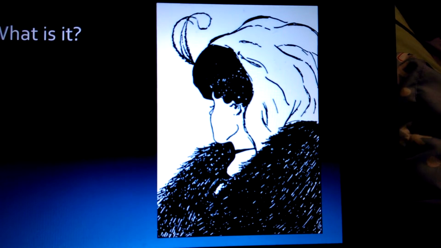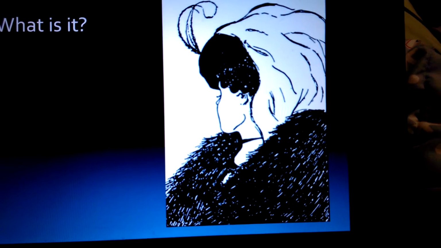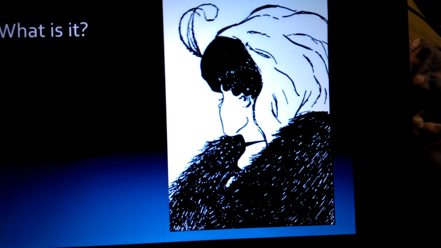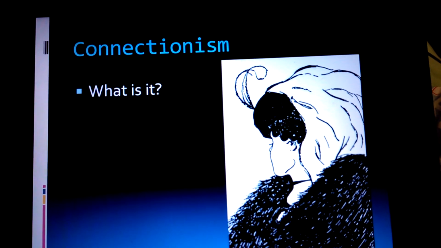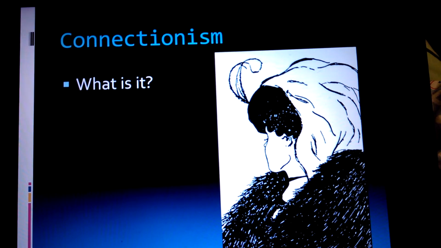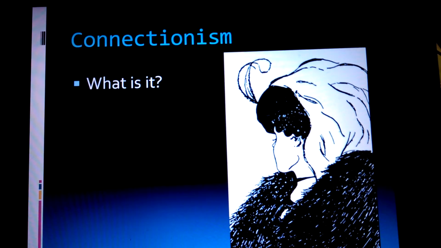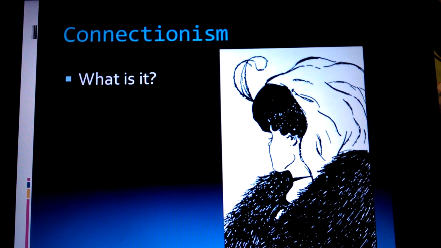And what used to be the girl's young face is now the old lady's nose. It's a large nose and a large chin, and she's looking down. The perception of this object is a big part of how you make ambiguous figures make sense.